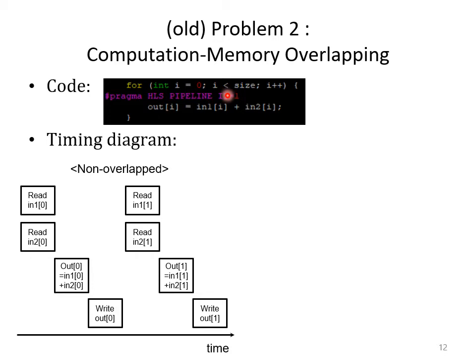Go to the next iteration, read the next element of in1 and in2, and add and write the second result to out. This behavior is shown in this timing diagram. Read in1 and in2, add, write, and then go to the second, read the second element of in1 and in2, add, and write out.